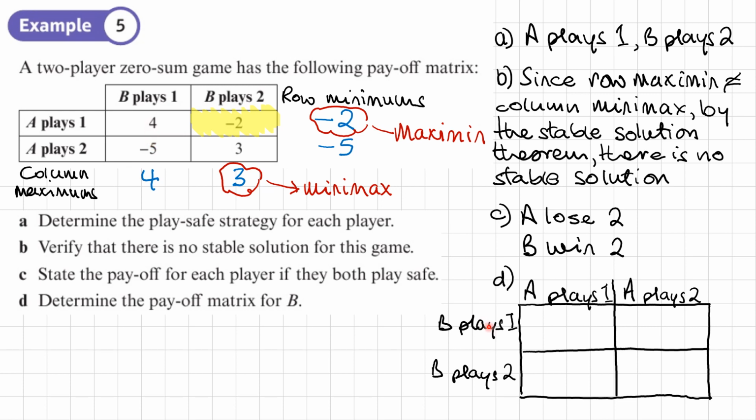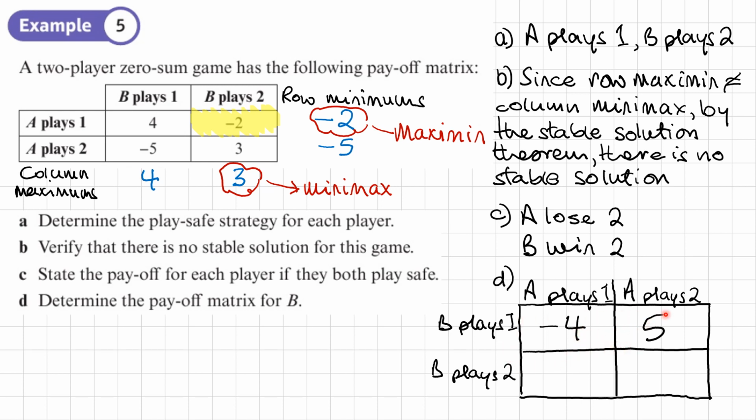So they're playing 1 now goes across rather than going down. So B plays 1. From their perspective, if A plays 1, they would lose 4, and if A plays 2, they would gain 5. So rows become columns, columns become rows. The values get reversed as well.